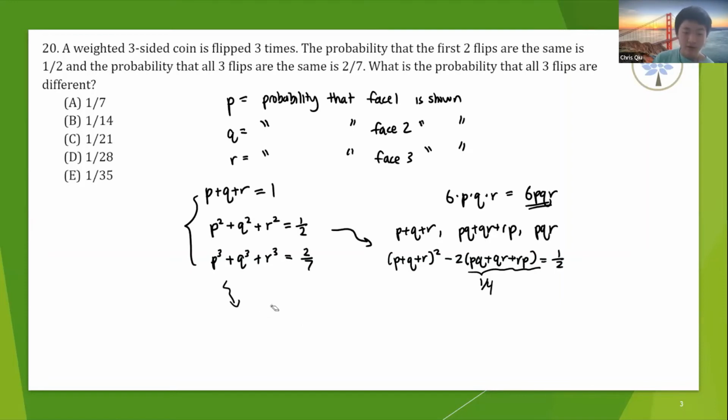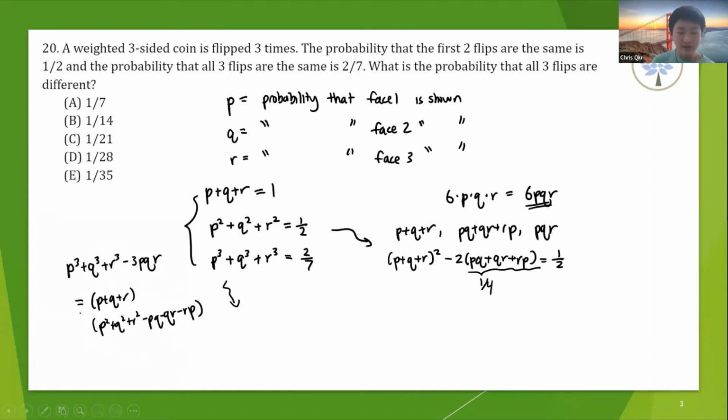For the third equation, we're going to use a useful factorization, which says that P cubed plus Q cubed plus R cubed minus 3PQR is equal to P plus Q plus R times P squared plus Q squared plus R squared minus PQ minus QR minus RP. You can verify this for yourself.